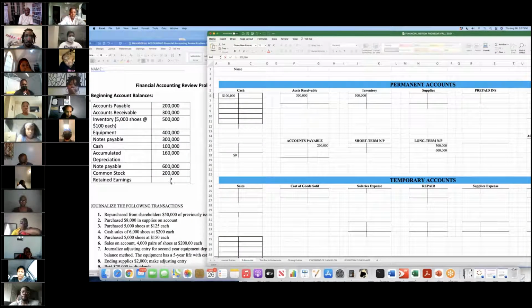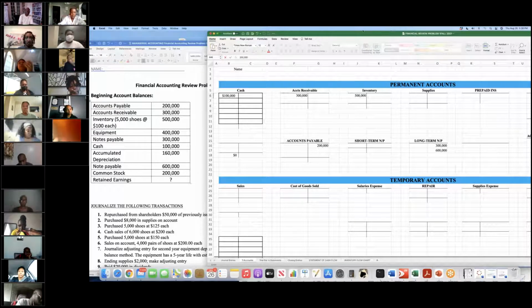Now there's a question mark about retained earnings. So what do they want us to do? Calculate everything. We'd add up all the debit accounts, we add up all the credit accounts, and the difference would be retained earnings.